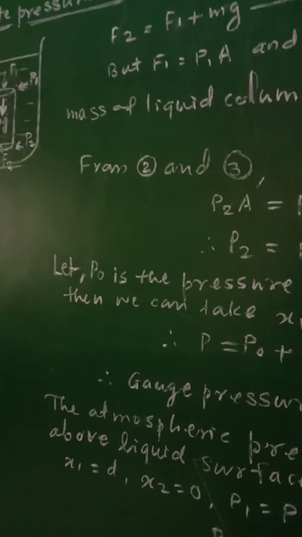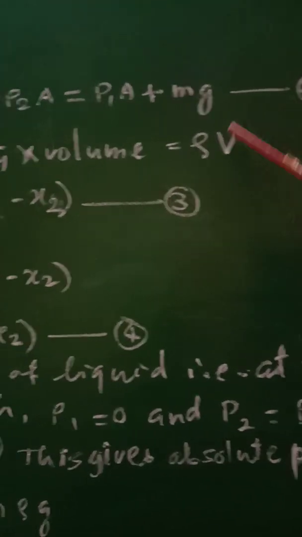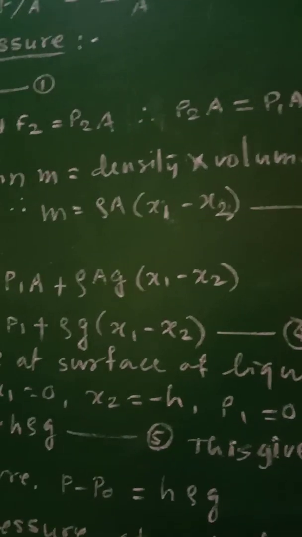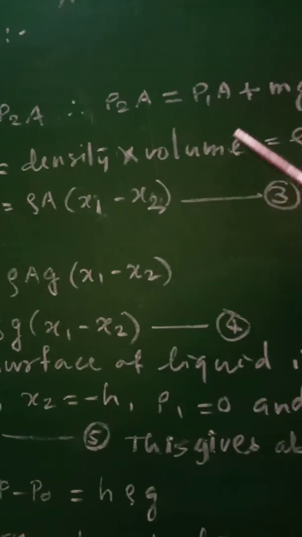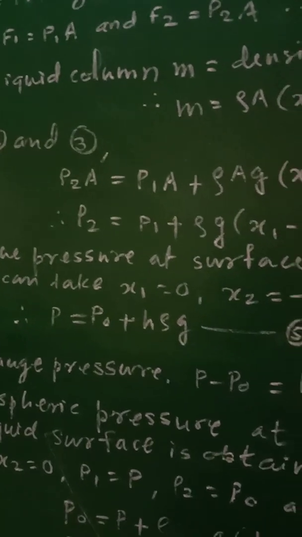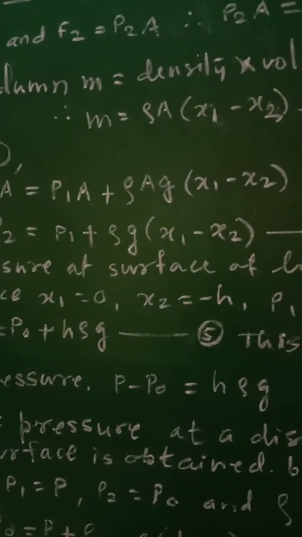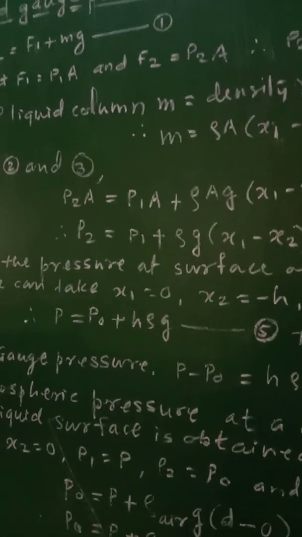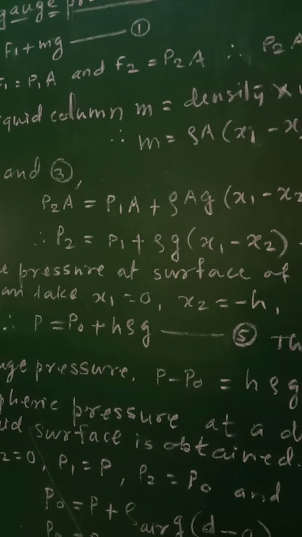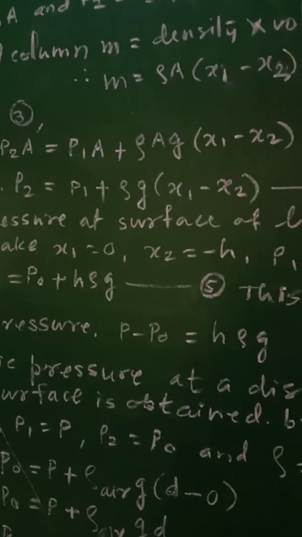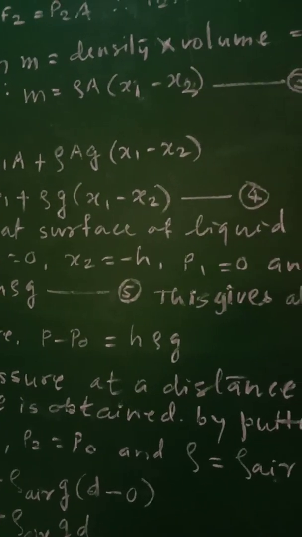Now from equations 2 and 3, putting the value of mass in this relation, we will get P2A equal to P1A plus rho A g into x1 minus x2, and therefore neglecting A from all the three terms, we can write P2 equal to P1 plus rho g into x1 minus x2.